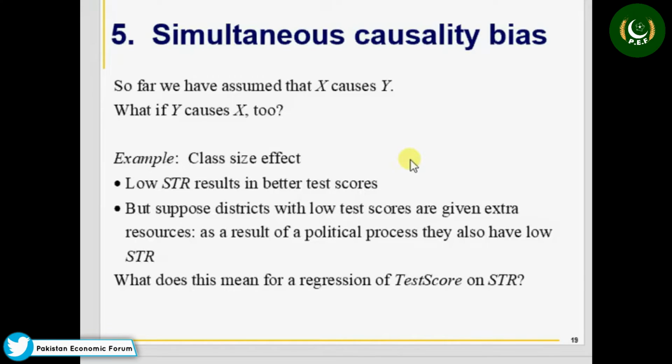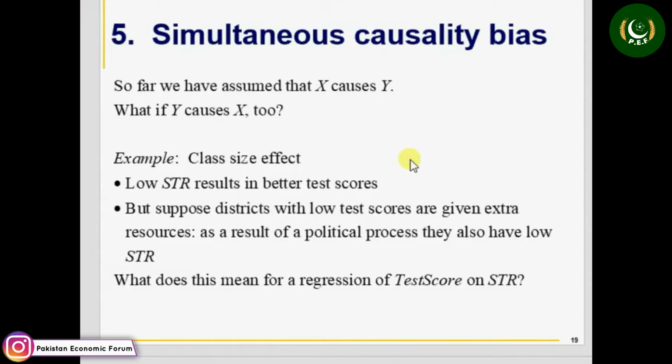For example, if districts having poor test scores hired more teachers because test scores were poor, that will lead to a low student-teacher ratio. It means poor test score is leading to a low student-teacher ratio, not a low student-teacher ratio causing test score. So this is simultaneous causality bias.